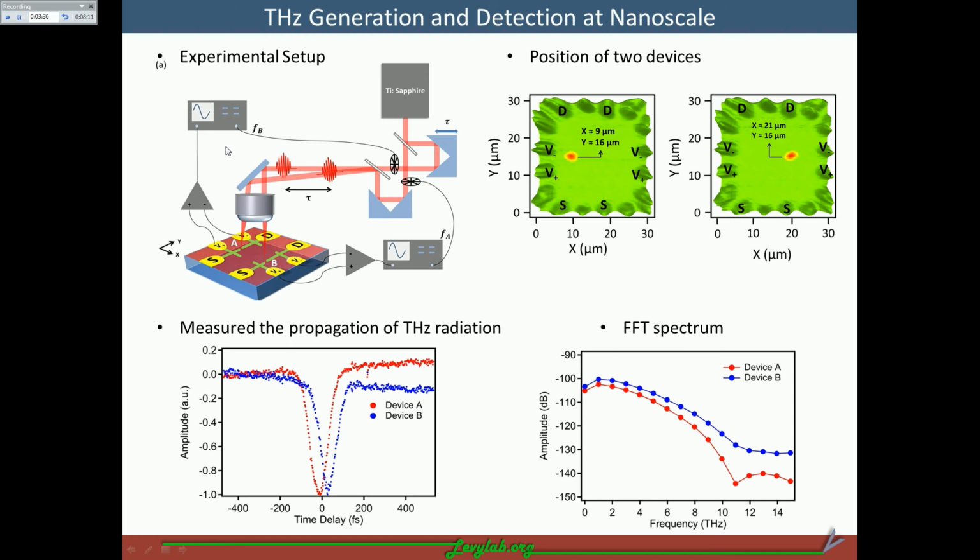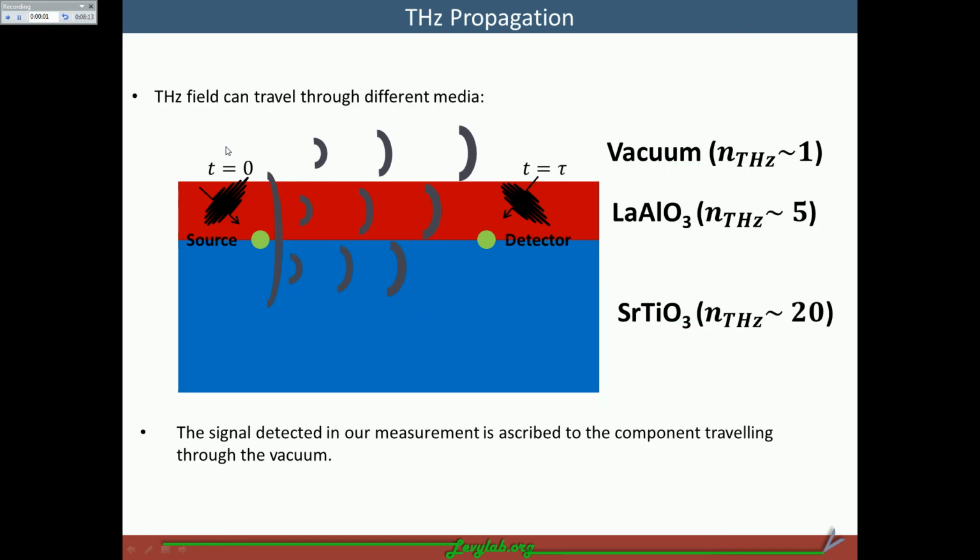The way we understand the propagation of the terahertz field from one place to the other is shown in this illustration. Due to the complexity of our sample, the terahertz field can take more than one channel to travel from the source to the detector. And because both oxide materials show very strong dispersion in the terahertz bandwidth, the component traveling in vacuum is the fastest.